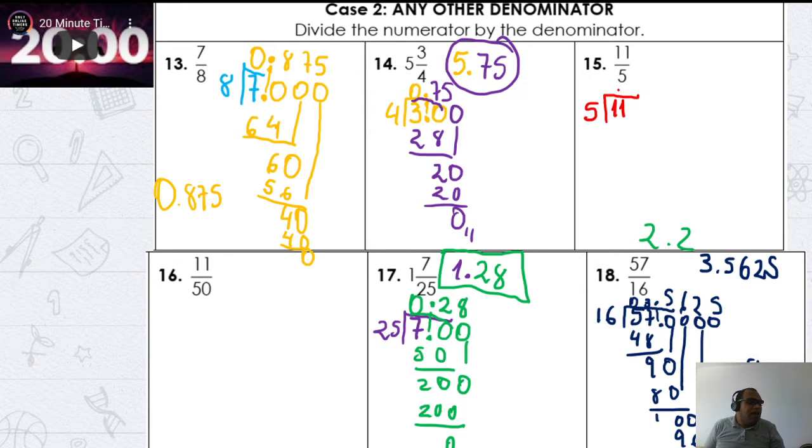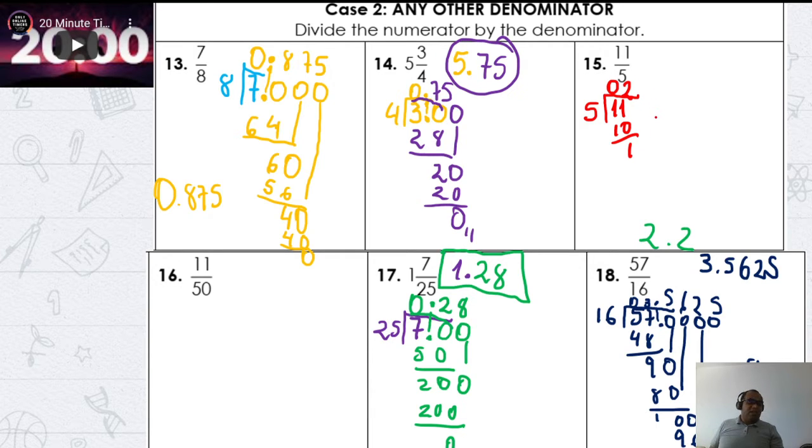Ask yourself, how many times does 5 go into 1? 0 times. Okay. How many times does 5 go into 11? It is 2 times. 2 times 5 is 10. You subtract, and it would be 1.